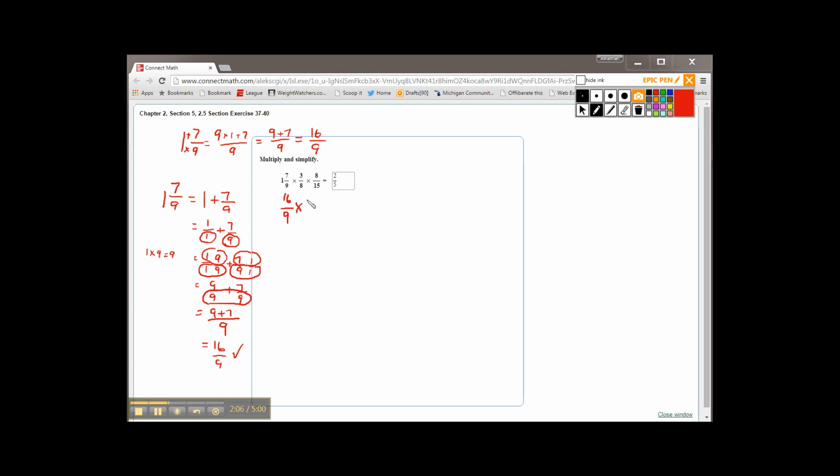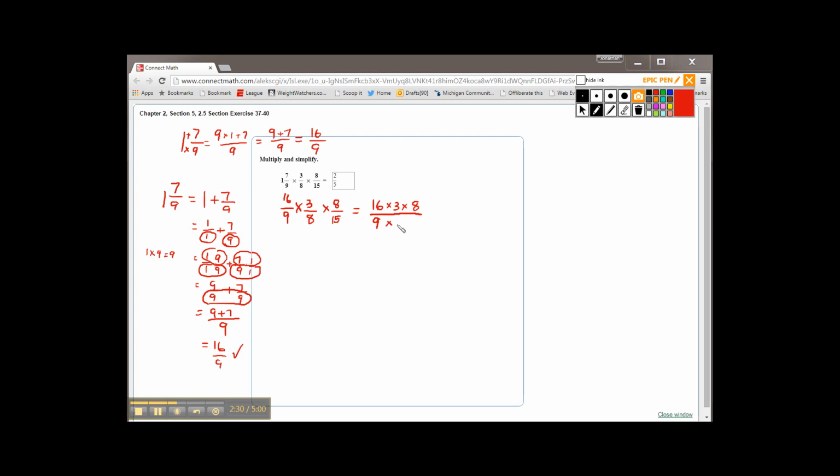Then we have times 3 over 8 times 8 over 15. Now, since these are multiplication, we can multiply straight across on the top, sort of how I did here. 1 times 9 is 9 and 7 times 1 is 7, right? And then straight across on the bottom.